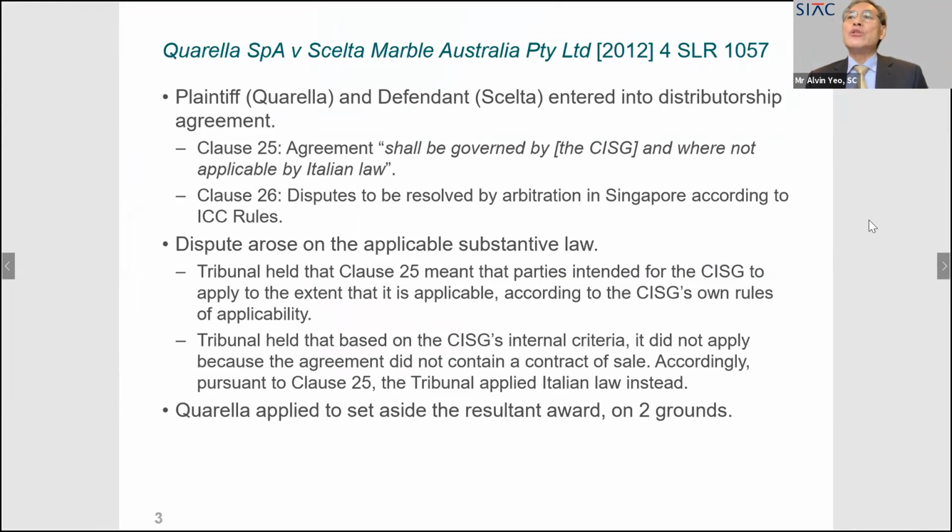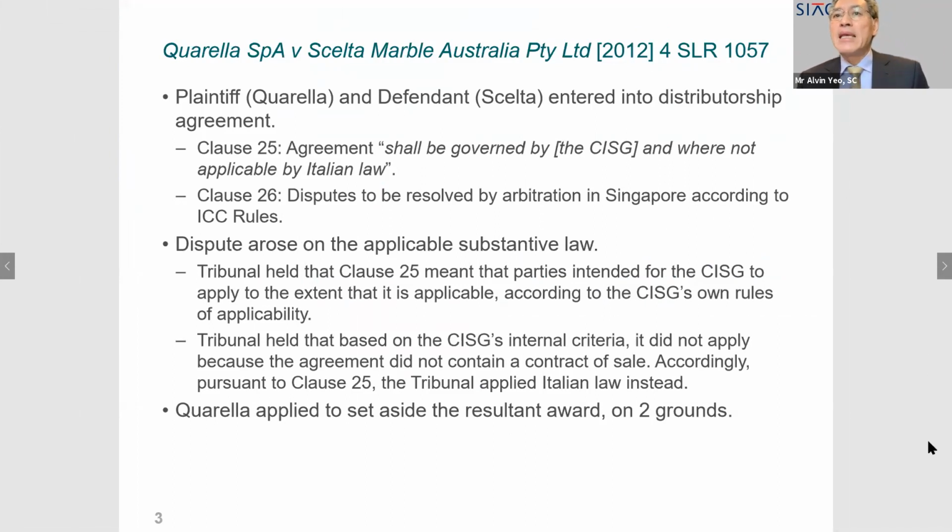They had entered into a distributorship agreement, and there was a clause in that contract which provided that the agreement would be governed by the CISG and, where the CISG was not applicable, by Italian law. And there was another clause, 26, which provided for any disputes to be resolved by arbitration in Singapore under the ICC rules. There was a dispute on the applicable substantive law.